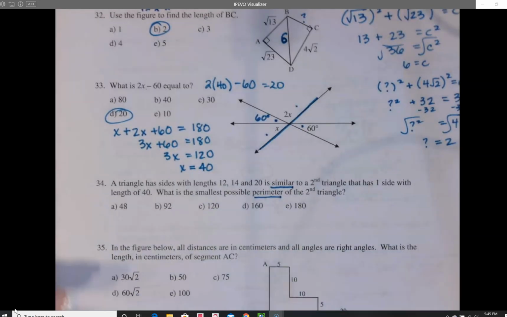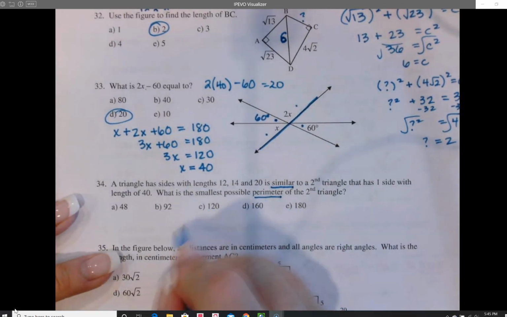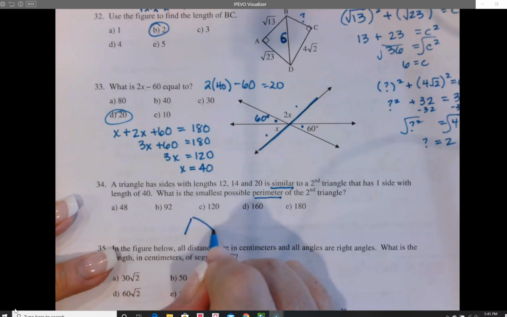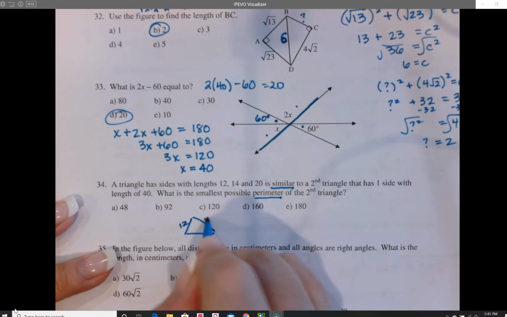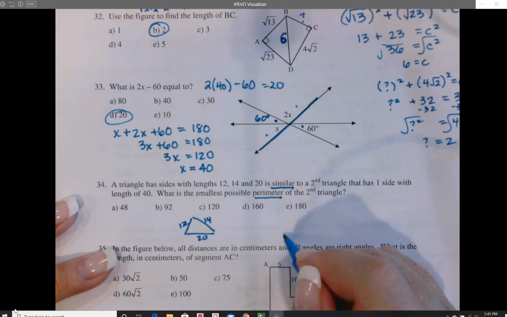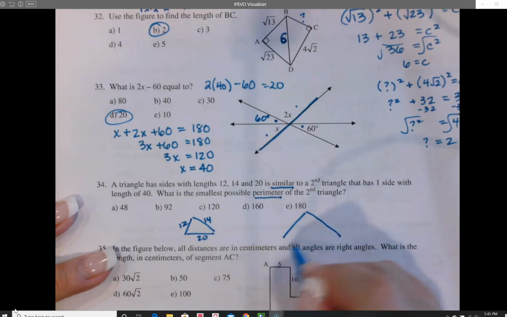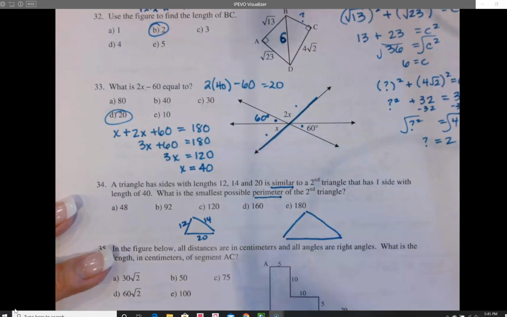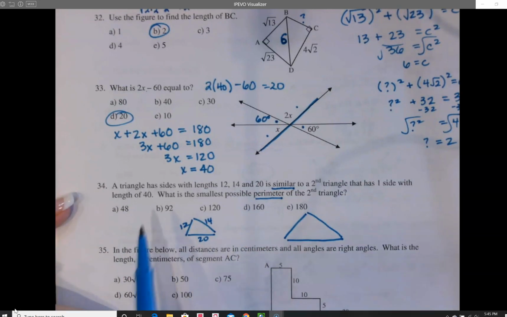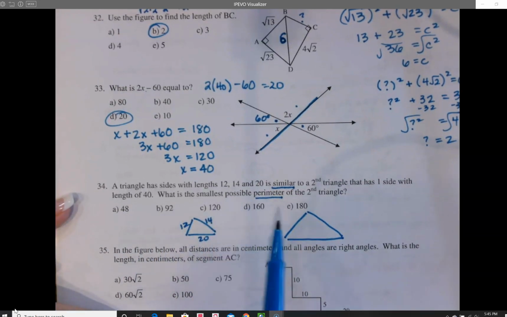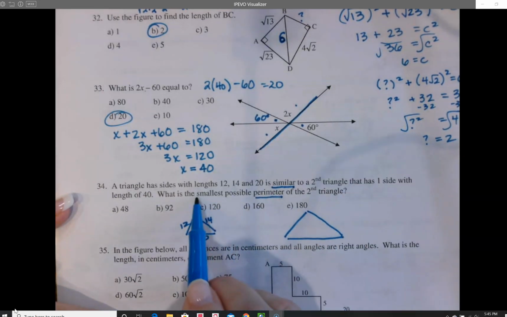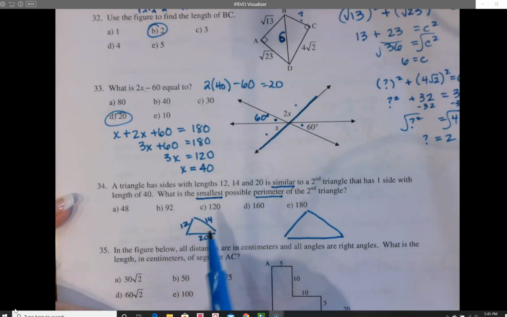So I'm going to just sketch my 12, 14, 20. And then there's a bigger triangle over here. Okay, and we know that perimeters are similar just the way sides are similar. They want to know the smallest possible perimeter.